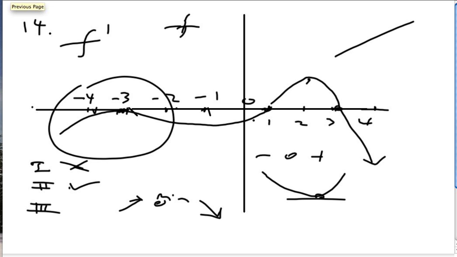This is for f prime, so the original function would go concave up, concave down, a point of inflection. So yeah, the answer is D.